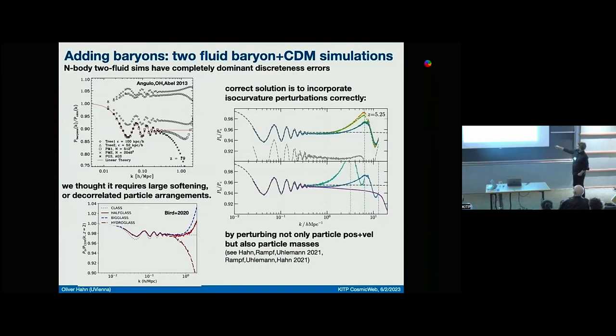So you see here, if we had imprinted these relative differences between baryons and dark matter in the particle positions, we would get the gray line for the ratio of the baryon to the CDM power spectrum. And if you perturb the masses and then pull off your NLPT scheme on the displacements, you actually get the correct one. And so you also get this very nice nonlinear suppression in the baryon bias.